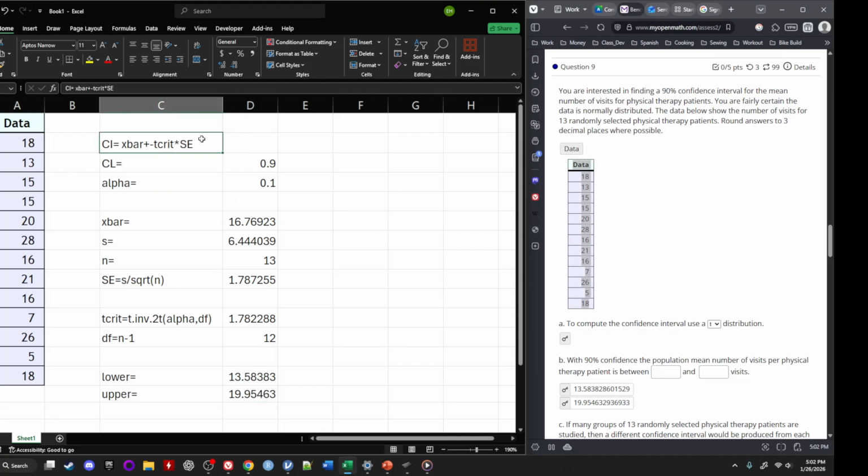Sometimes too, you'll see this equation written as x bar plus or minus the margin of error, MOE. If we calculate out the margin of error, we can do that really easily.